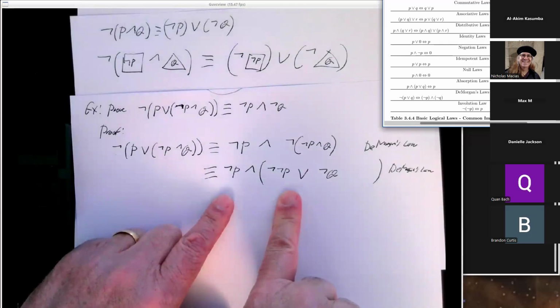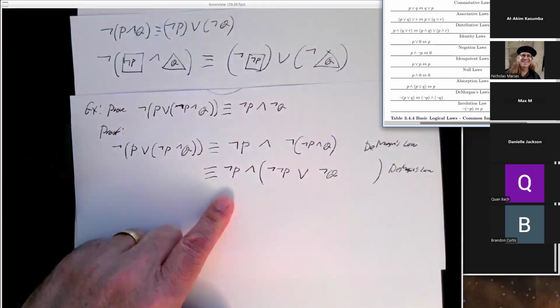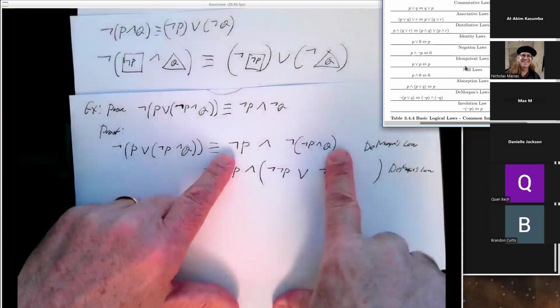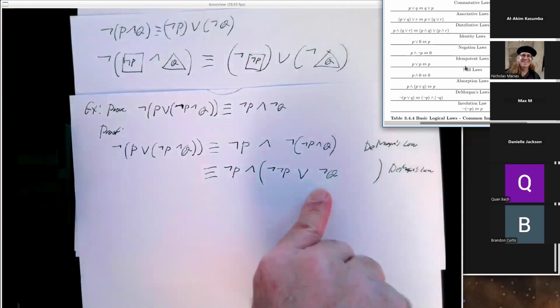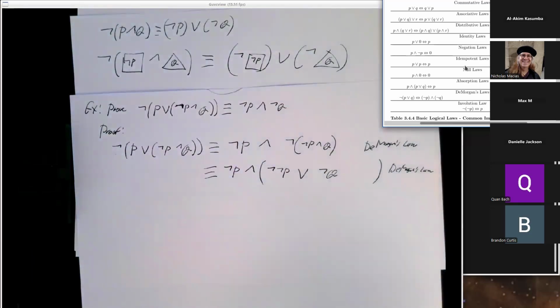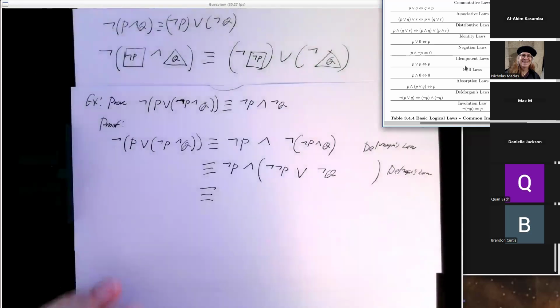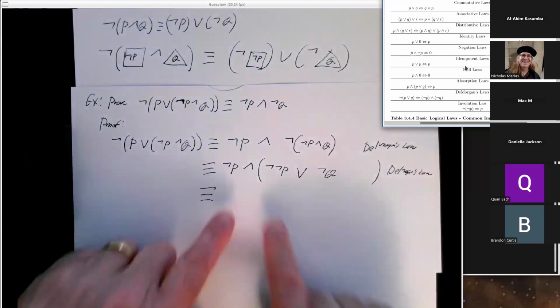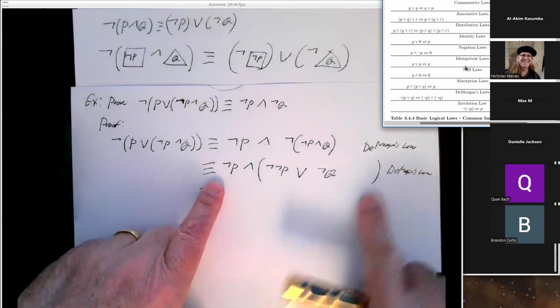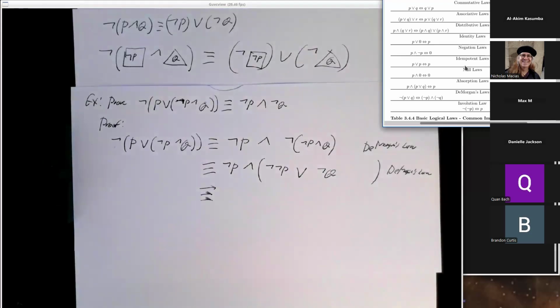What we're trying to do is very mechanically find a law of logic that gives us an equivalence of this with something else. Presumably something that's going to be easier to work with. So let's keep going. Is there a law of logic that lets me replace part of this with something else?